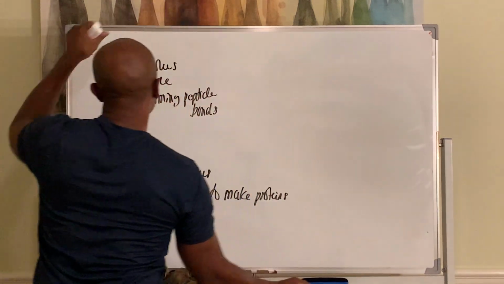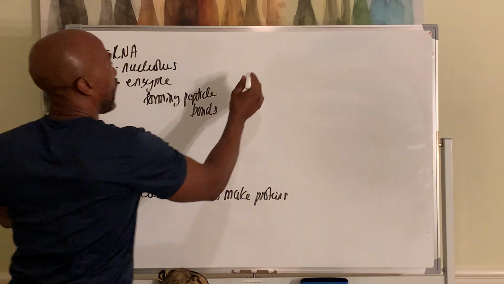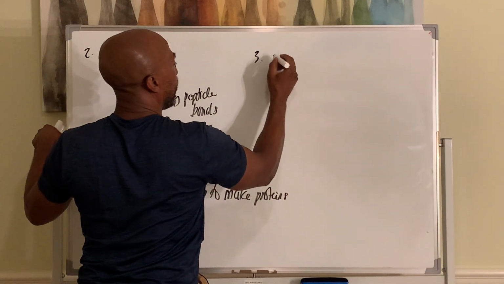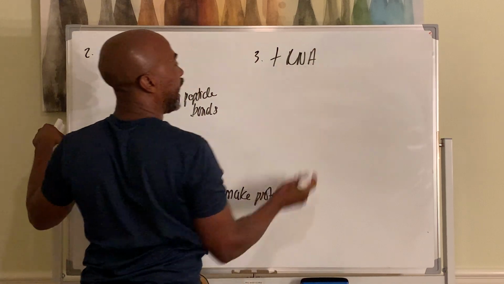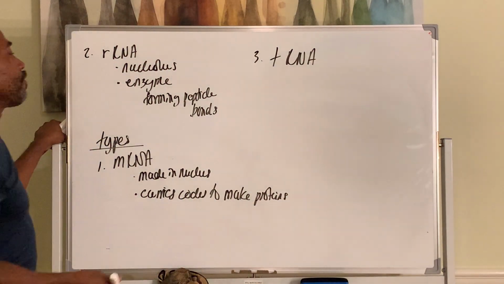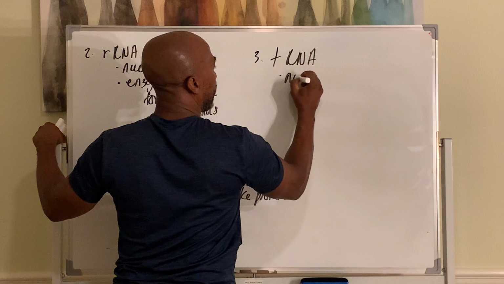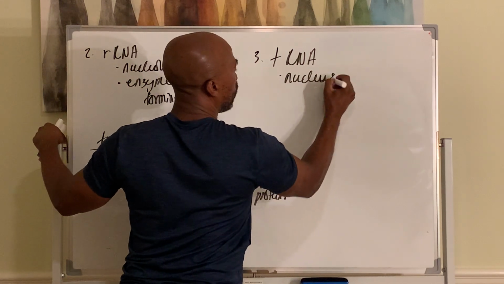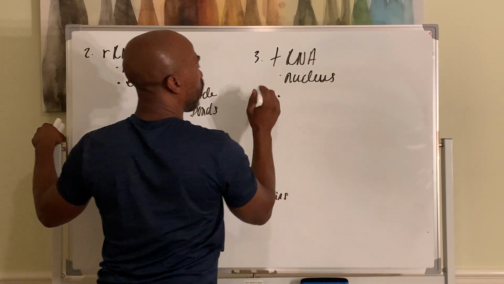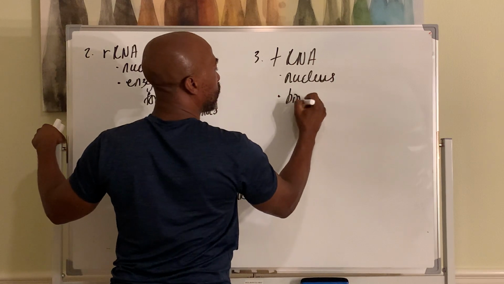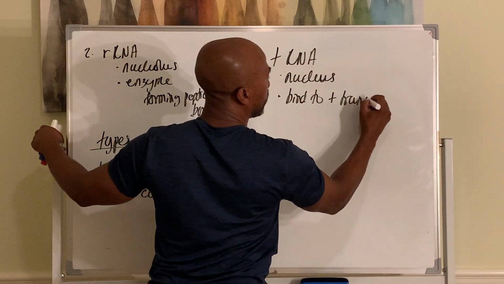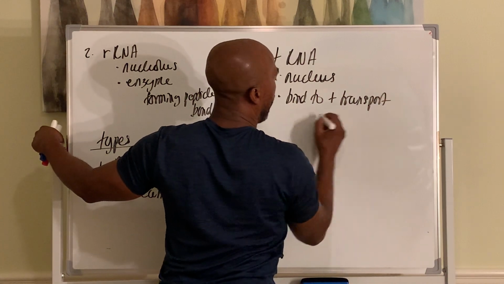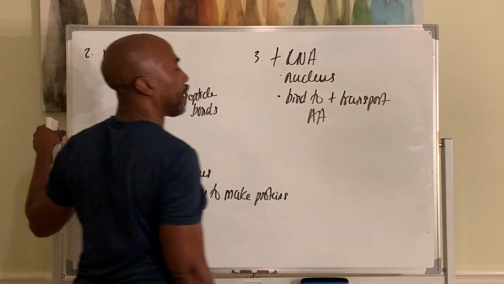The third type of RNA is transfer RNA, tRNA, made in the nucleus from DNA. Its job is to bind to and transport amino acids around the cell.